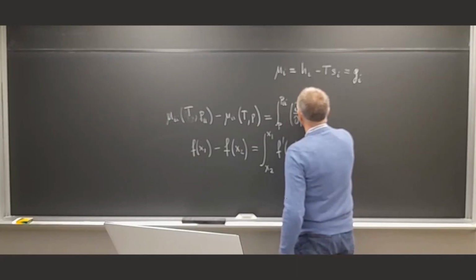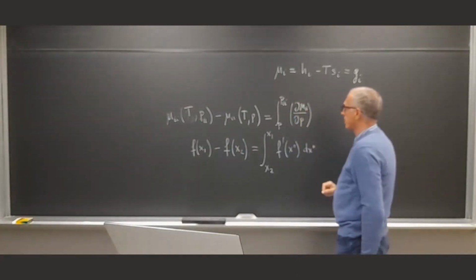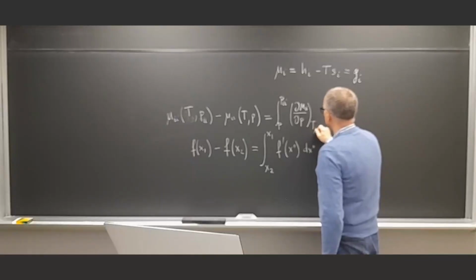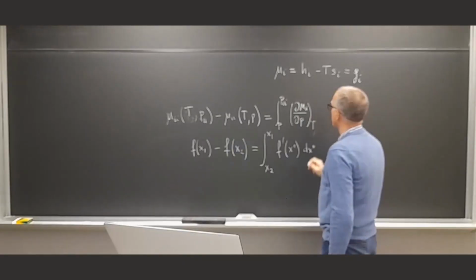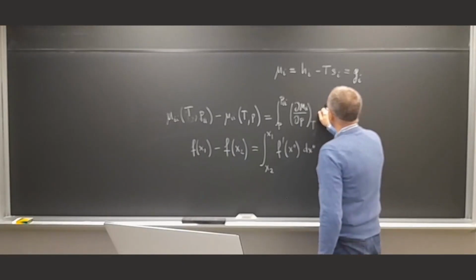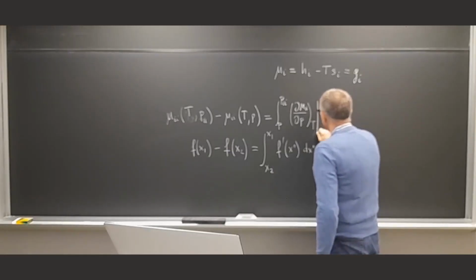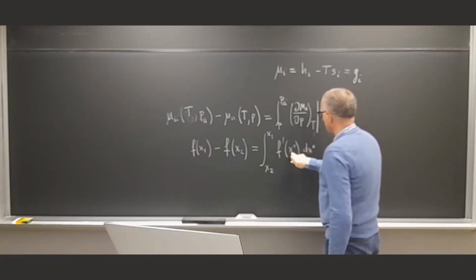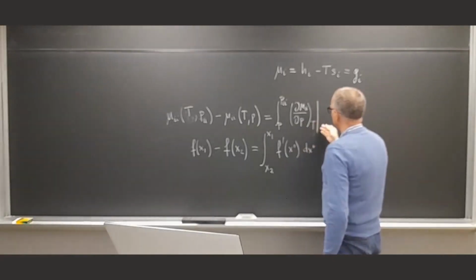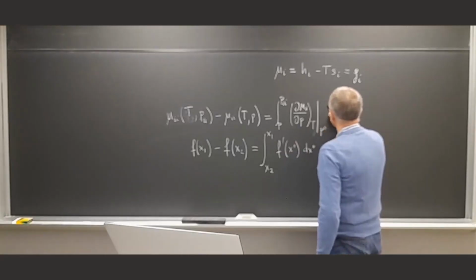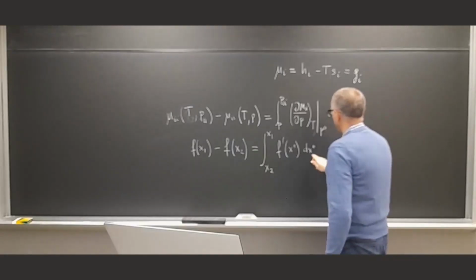Of the chemical potential of the pure component, while the other variables are T. And this is to be evaluated at the value of the dummy variable, so at P double prime, and integrated over the dummy variable.